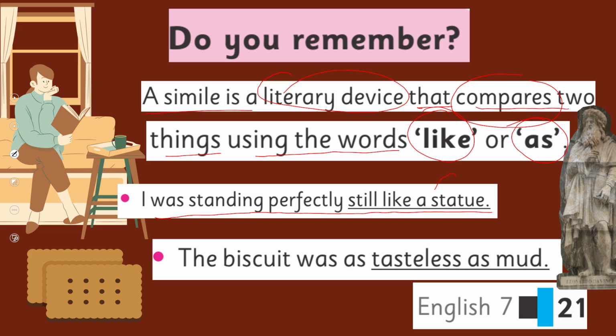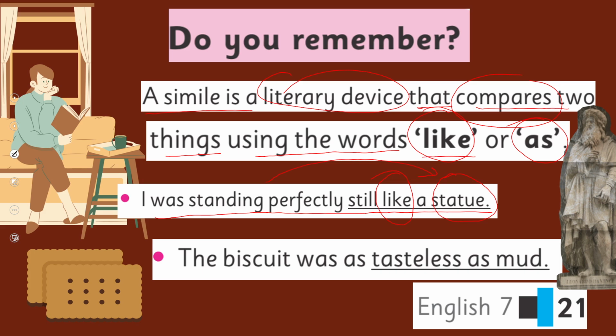Now we know that statues are inanimate objects and they are still, they are not moving. And when a person is standing without moving, we compare it with something like a statue. So this is a simile, and the word like is coming here, which fulfills our requirement of like in similes.